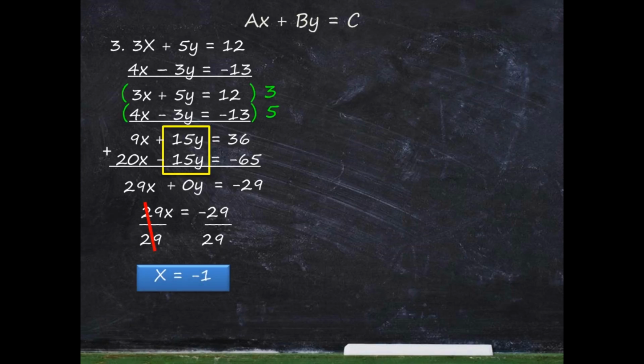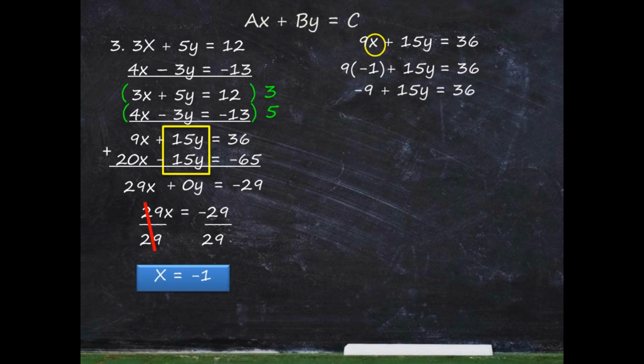Since we already have the value of x, we will simply substitute the value of x in one of the given equations and solve it to get the value of the other variable. We will use the manipulated equation 9x plus 15y equals 36. We will substitute this x with negative 1. So 9 times negative 1 plus 15y equals 36.